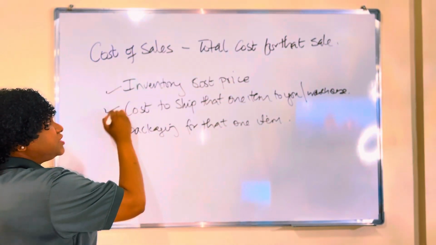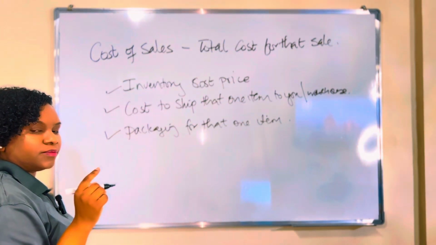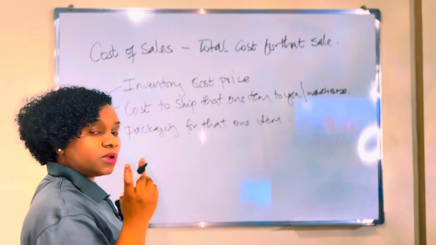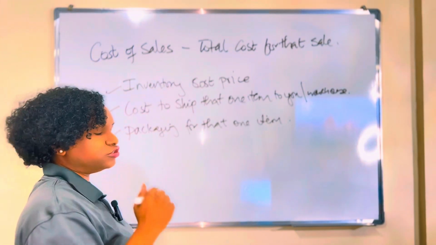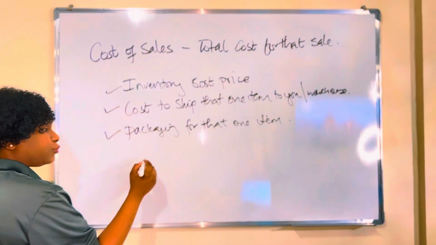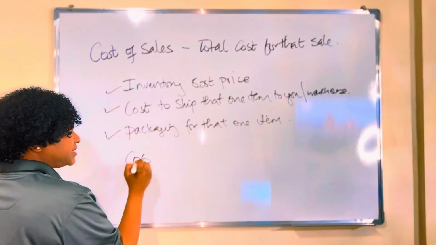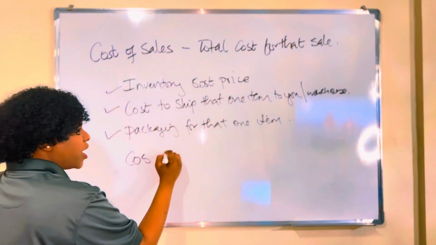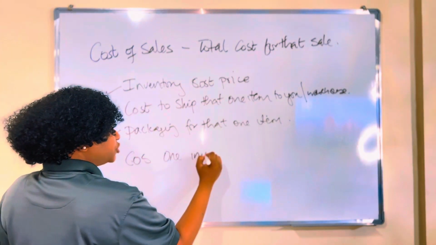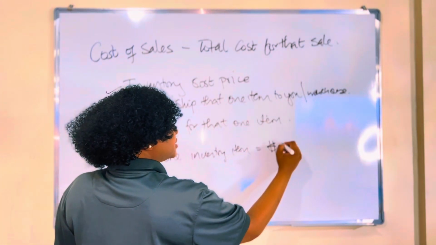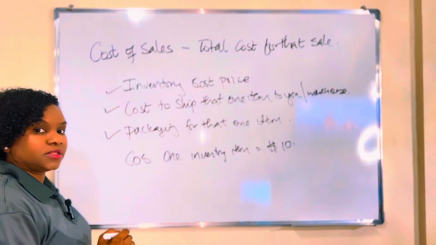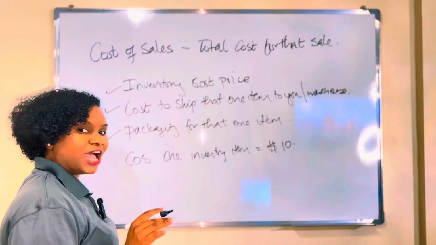So these three things, when added together, will give us the value of that inventory that is sold, that one inventory. So let's pretend the cost of sale for that one inventory item is $10. Are you with me? Great.